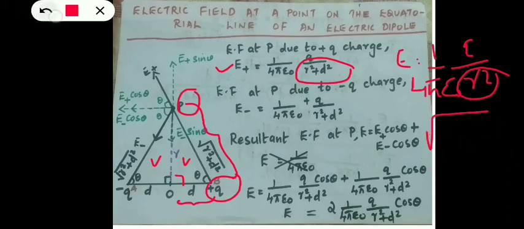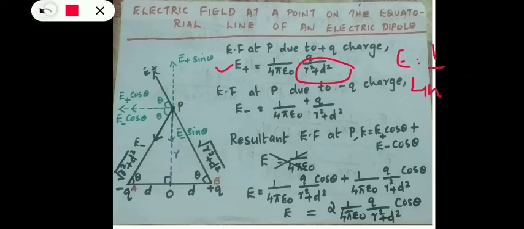Now, what is the electric field intensity at the point P due to minus Q charge? Due to minus Q charge, that is E minus, it is 1 by 4 pi epsilon naught into Q by R square plus D square.